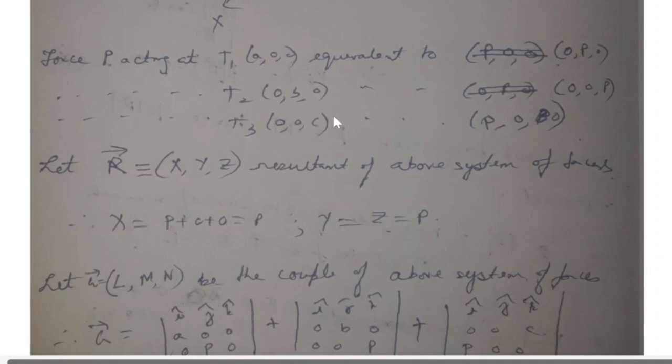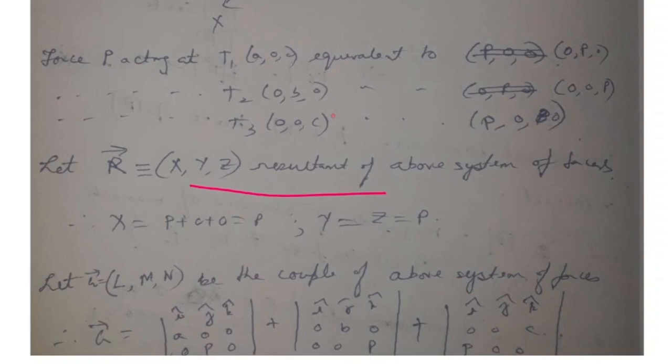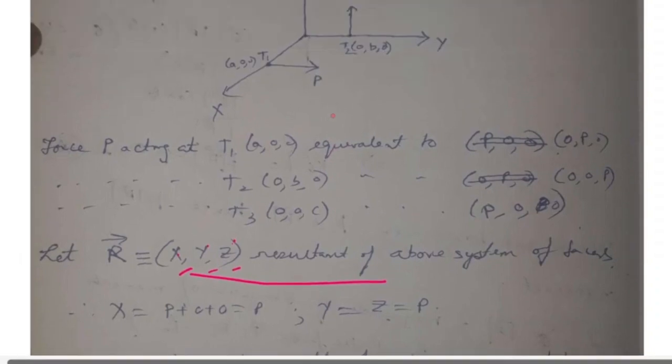Whenever we are dealing with a system, it is ultimately reduced to a single force and a couple of some moment. R is the single resultant force of our system of forces. So what are the x, y and z components? This is the component along the x-axis, y-axis, z-axis. From the figure, out of all these forces only this one is parallel to the x-axis.